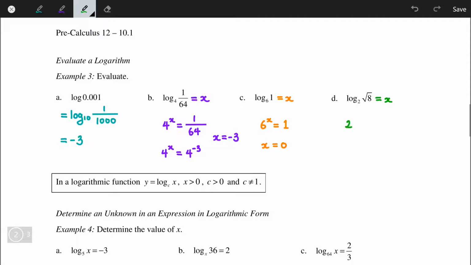So now we have 2 to the x is equal to the square root of 8. Okay, so if we were to rewrite the square root of 8 as a power of 2, we'll have 2 cubed to give us 8, and then to the 1/2 power to give us the square root. So combined together, we know that x is equal to 3 over 2.